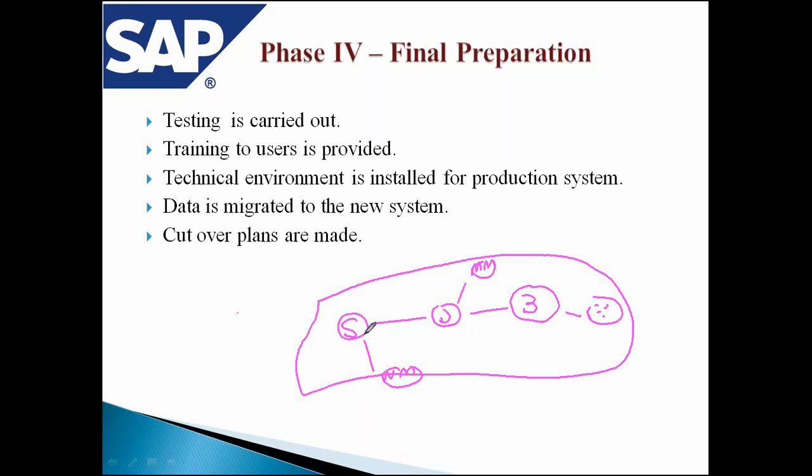So when I sell, automatically the inventory should come down, automatically it should raise the requirement for production, and automatically it should update the GL account in terms of payments. So I'll test whether all these things are happening or not. So, got you? Clear?